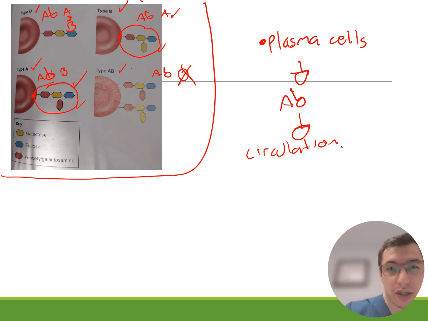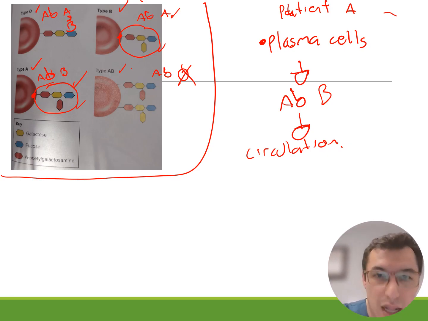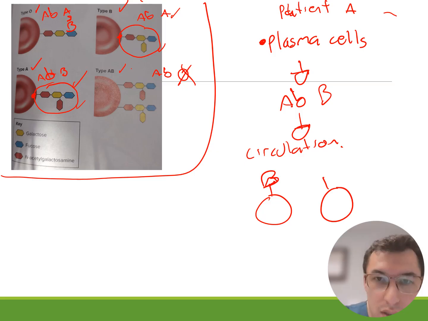And if they encounter their affinity, for this example, we're going to say that this patient has blood type A. So that means his plasma cells will produce antibodies against B. So in circulation we have agglutinins that are anti-B, and if we have agglutinins anti-B, it will attack what type of cells? Cells with either type B or cells AB.